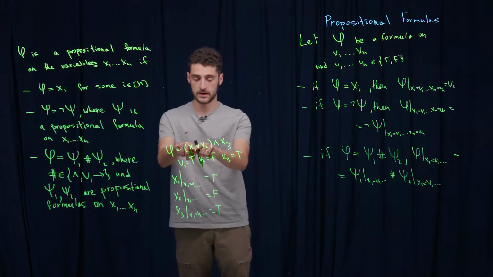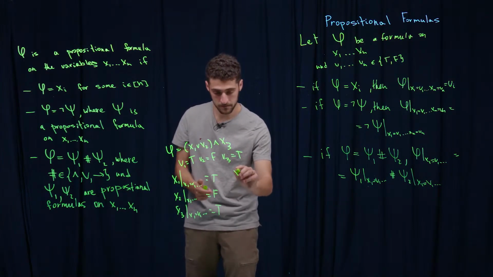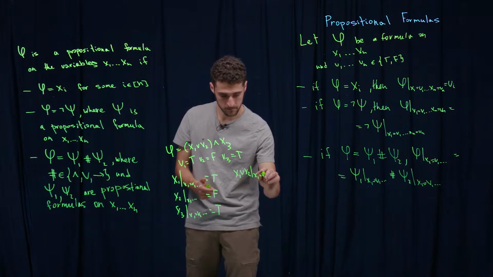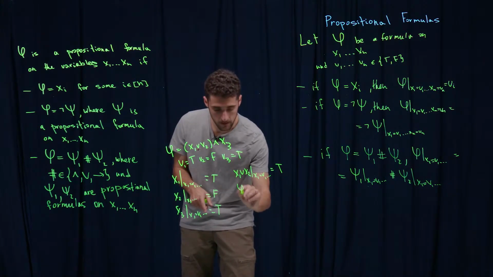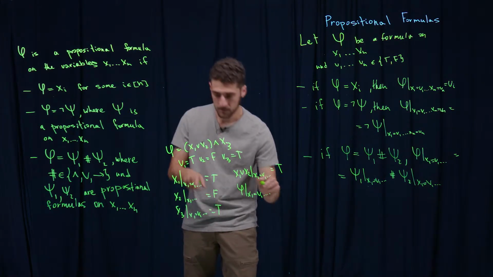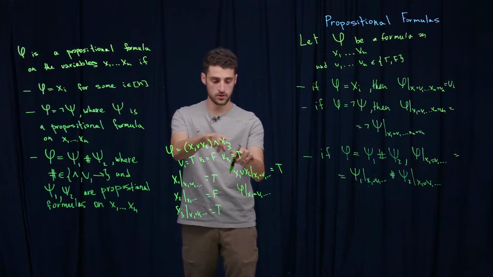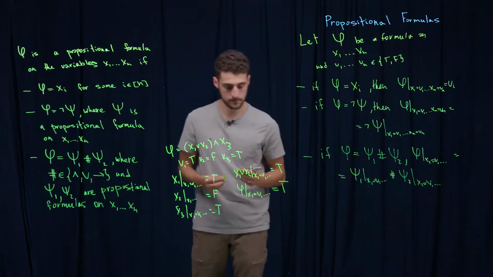Hence, the value of x1 or x2 is true or false, which is true. And finally, the value of phi is true and true, which is true again.